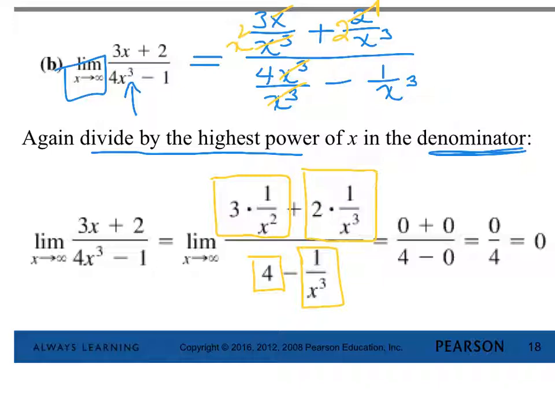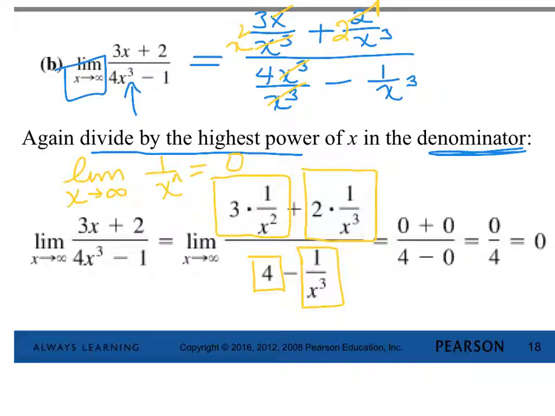So here's what we're going to look at. Remember, the limit as x approaches infinity of 1 over x to any power, 1, 2, 3, whatever, is equal to 0.